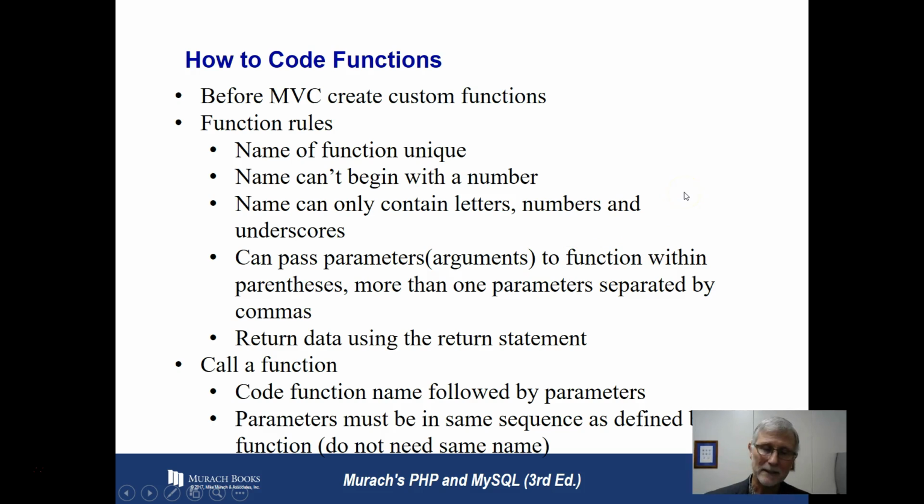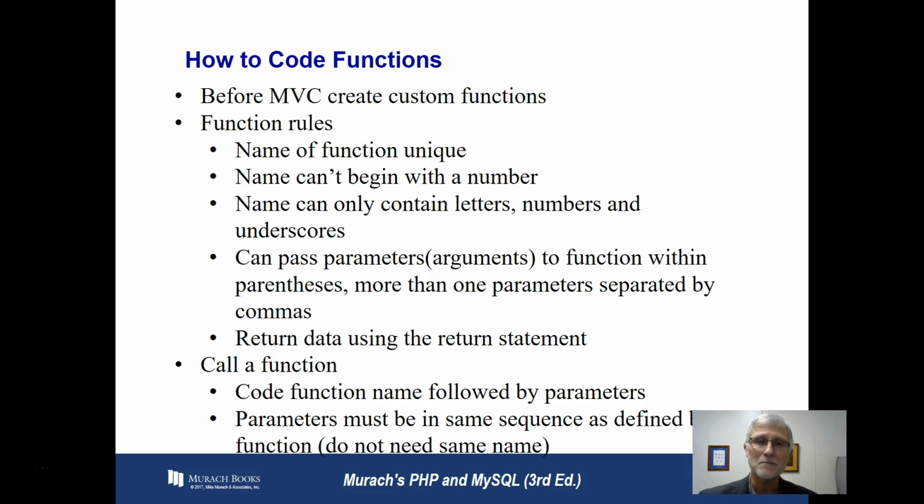Now, before we get too carried away, there are some basic function questions. How do I call a function? How do I code up a function I'm going to use? Before I create this MVC model, first, you have to make sure all your function names are unique. The name can't begin with a number. They can contain only letters, numbers, and underscores.